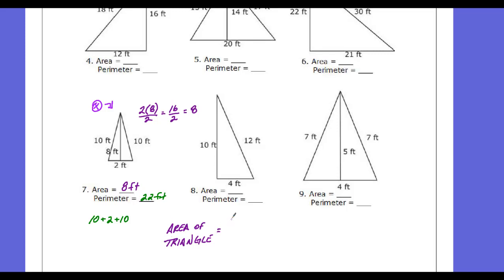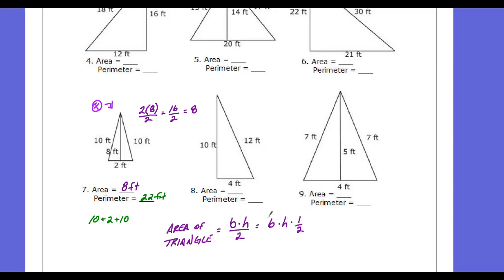One way to write it is the base times the height divided by 2. A second way to write it is the base times the height times 1/2. Dividing by 2 is the same as multiplying by 1/2.